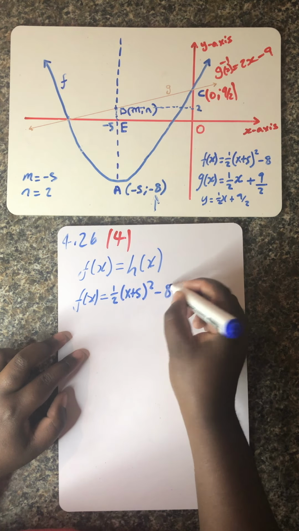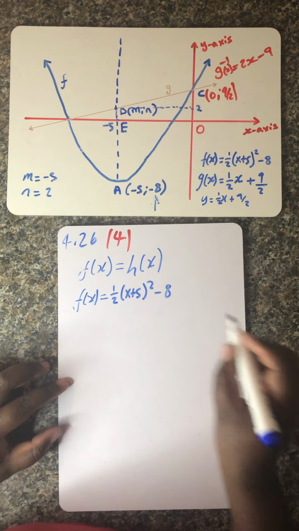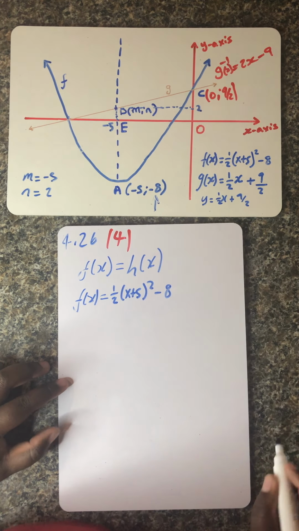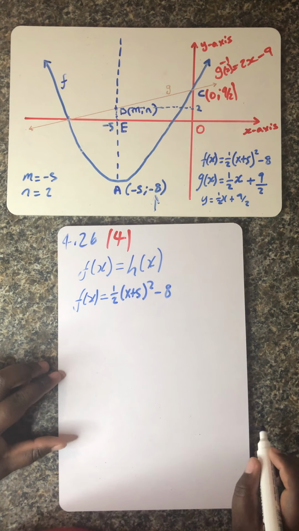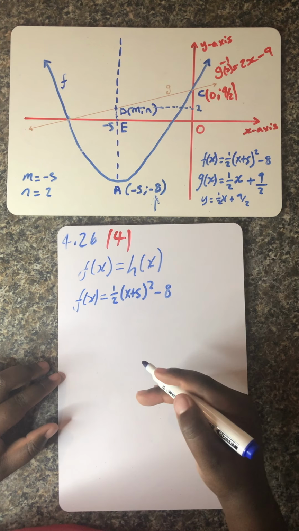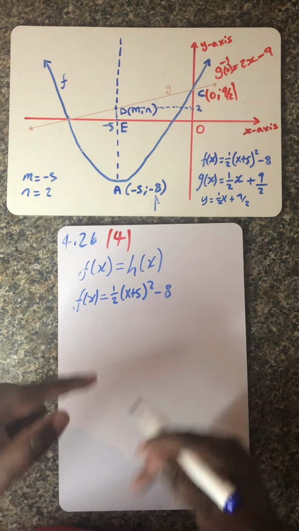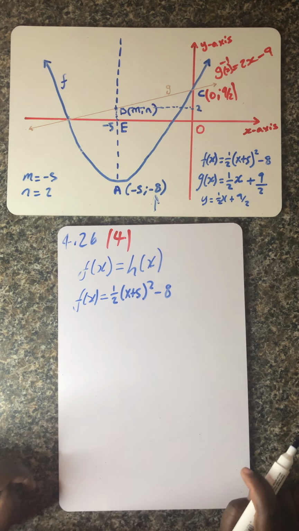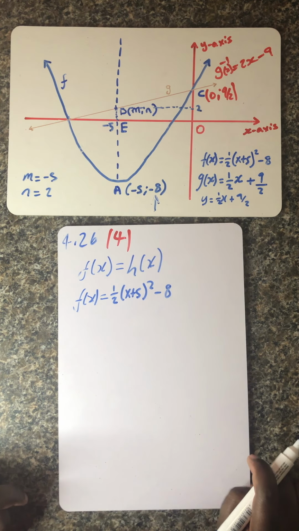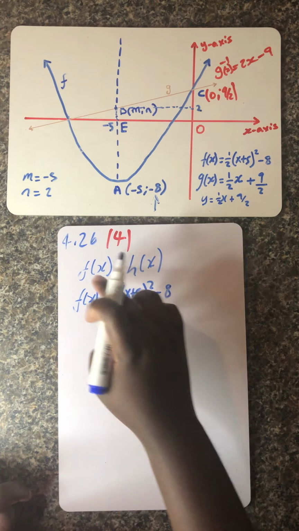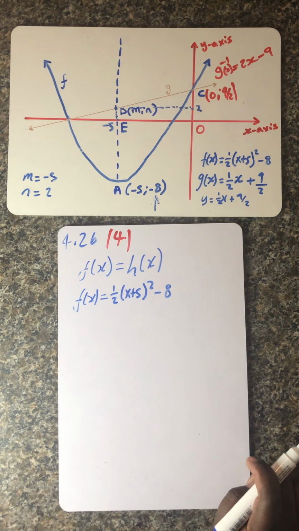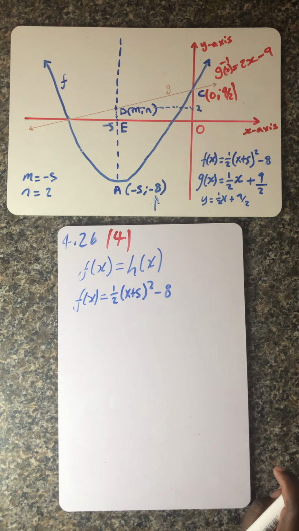So we need to now write it in the standard form. Why? Because we're going to equate it to that equation, and from there we're going to solve for x. As soon as we have calculated the value of x, we are now going to substitute it into the original equation, and then we'll be able to calculate the corresponding y value. So those will be the coordinates where these two graphs are equal, or where they come into contact.